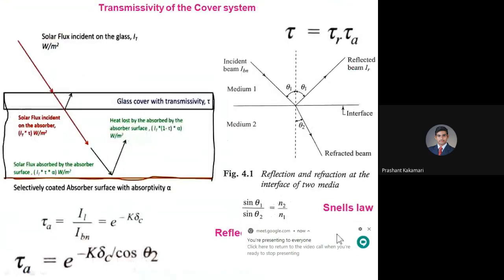So from Snell's law, if you recall the law, what it states is that the angle of incidence and the angle of reflection are both in the same medium with the same angle, that is theta 1, and the refracted beam will have some deflection, that is theta 2, shown in medium 2.